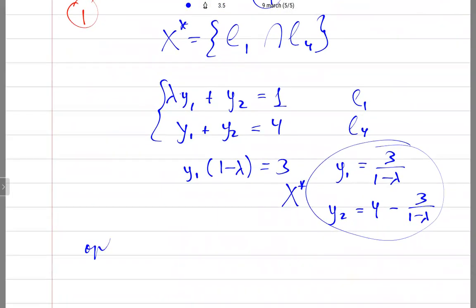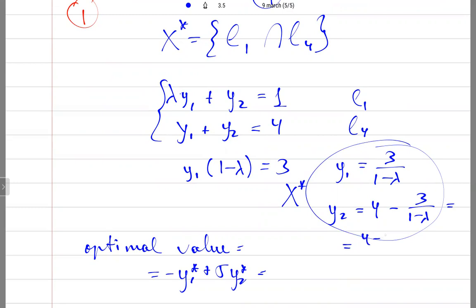And the optimal value, if you remember, is minus y1 star plus 5 y2 star. Maybe it's better to simplify, it's 4 minus 4 lambda over 1 minus lambda.